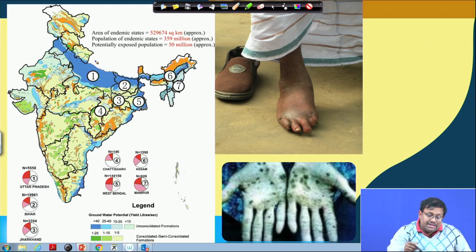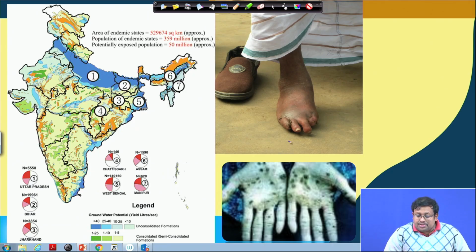This region shows the high concentration of groundwater arsenic, and as you can see, this is mainly the Indo-Gangetic plain areas. So, the Indo-Gangetic plain is mainly affected by this groundwater arsenic problem, which is a geogenic problem, as compared to other parts of India.